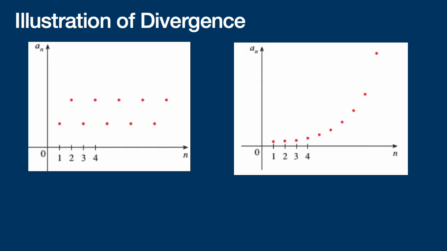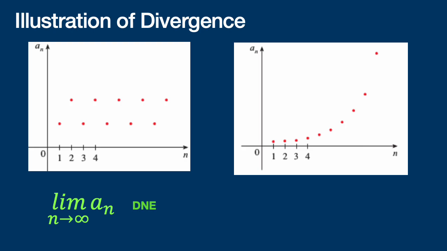So the sequence bounces back and forth between the two values. It never settles down to one single value. This kind of behavior means there is no limit. So we say the limit of a_n does not exist.